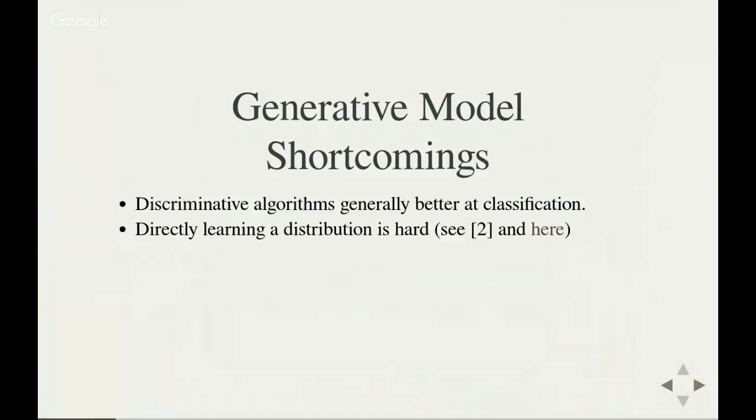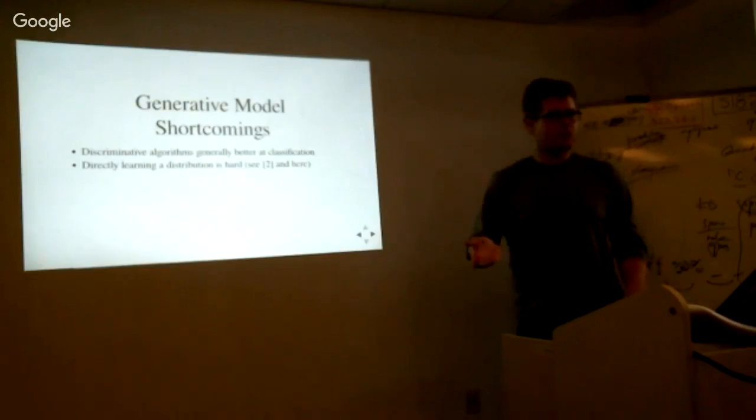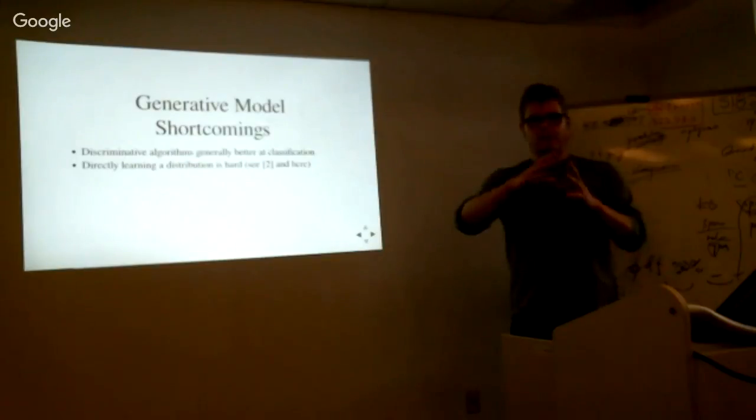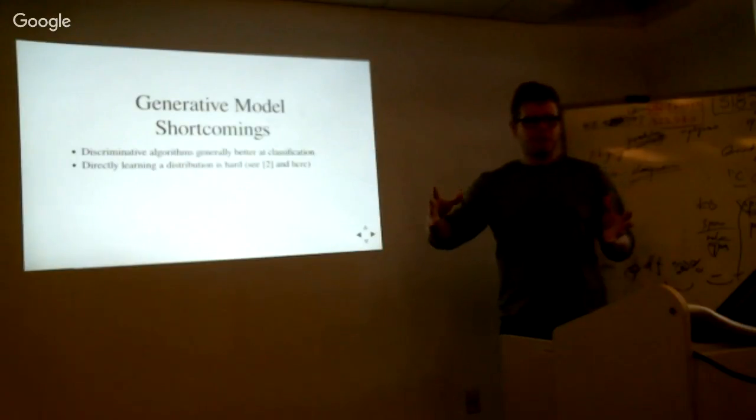So if we think about the space of natural images as an example, you're likely to see in any given training data set images which are very similar to each other and which appear on a lower dimensional manifold than the total dimensionality of the image.